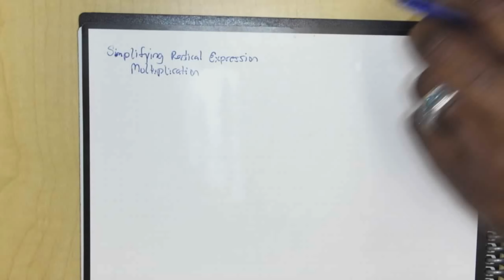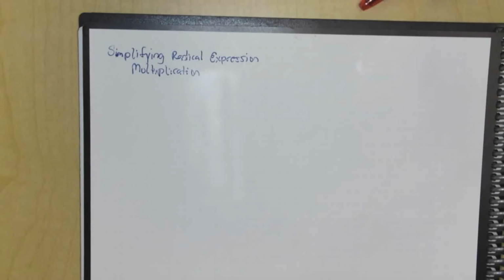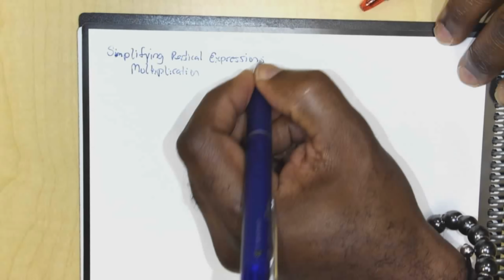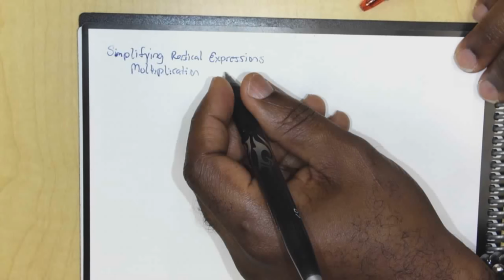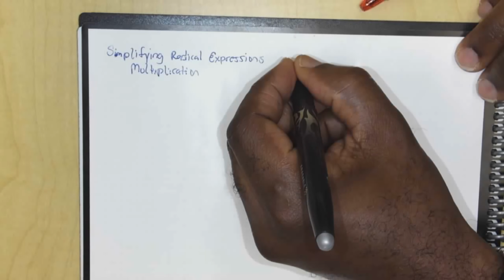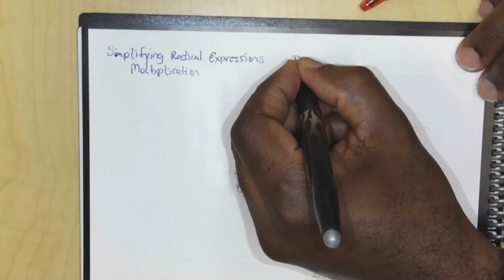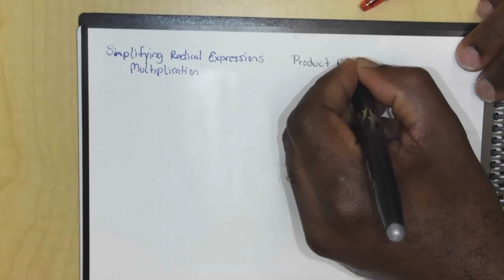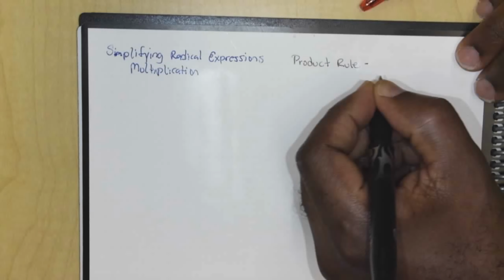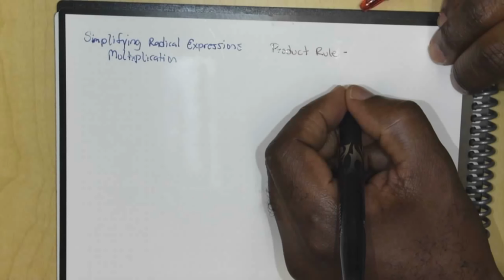So in order to simplify radical expressions, you need to first know that we have a product rule of radicals, just like we had of exponents. I won't use words for this. I'll talk it out and show what I mean.